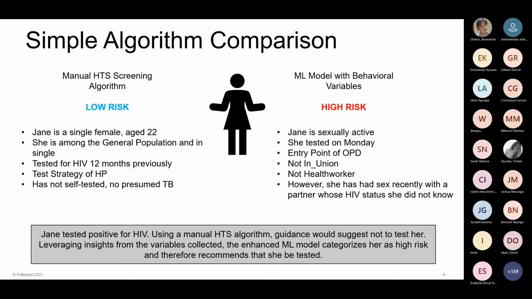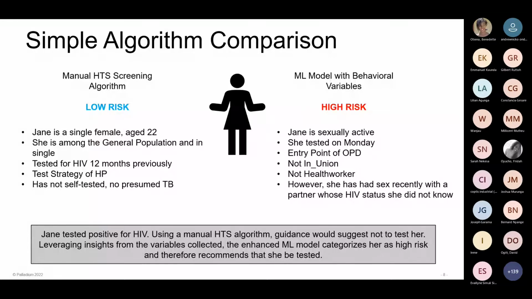So on this slide over here now, I wanted to just illustrate, when we compare the manual HTS screening algorithm and the ML model, which already has behavioral variables, what's the difference?